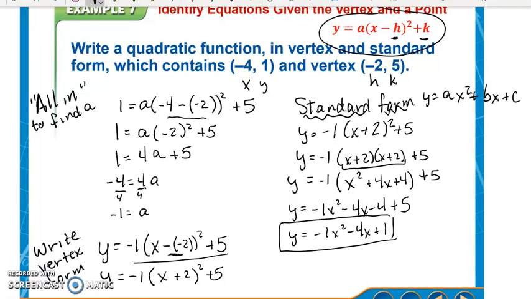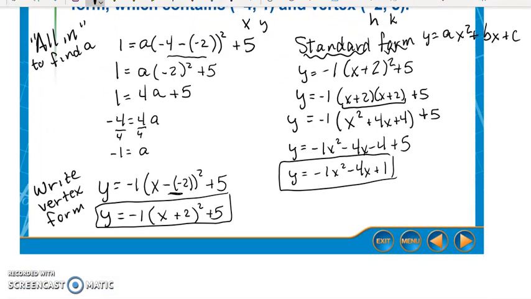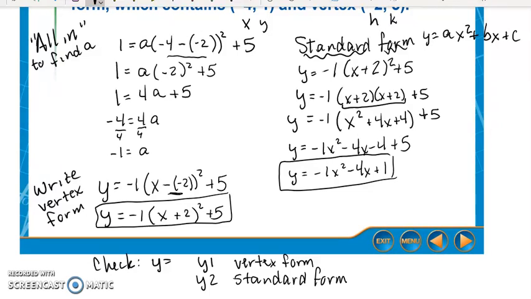If you want to check your work, it's really easy to do on the calculator. So to check, go to y equals and put one of the equations in y1, so maybe y1 is the vertex form, y2 is the standard form, and then you're going to graph.